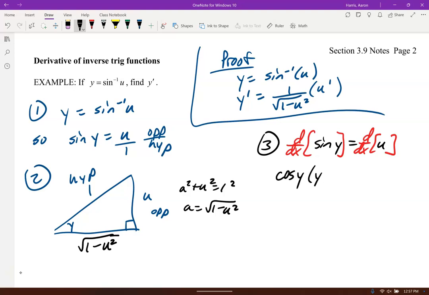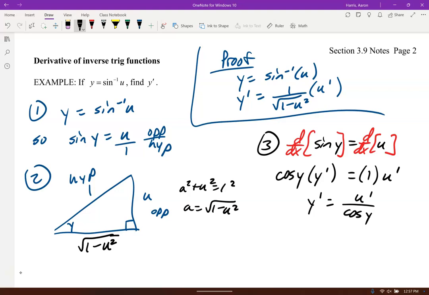And I'm going to write that as y prime. Equals the derivative of u, which is du dx, or u prime. Okay? And so what we have is y prime equaling u prime over the cosine of y. Okay, so I'm almost there.